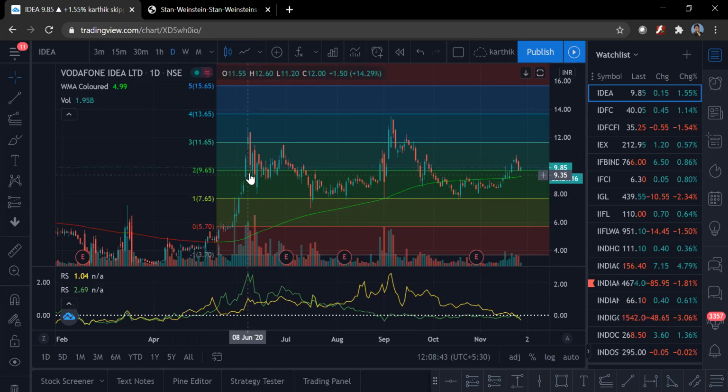We can again exit completely at this second red bar that has closed below 1:2, and if that doesn't happen, if the stock keeps on going up, you can trail that 20% or the 50% of the stock that is remaining with a close stop, watching out for these levels.